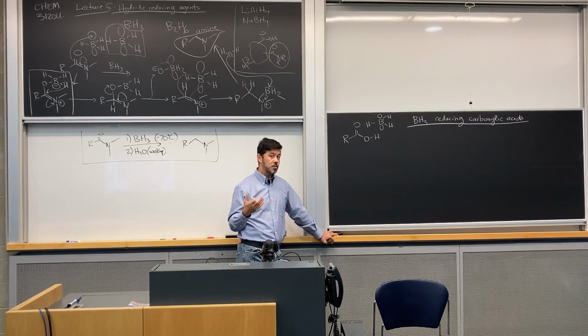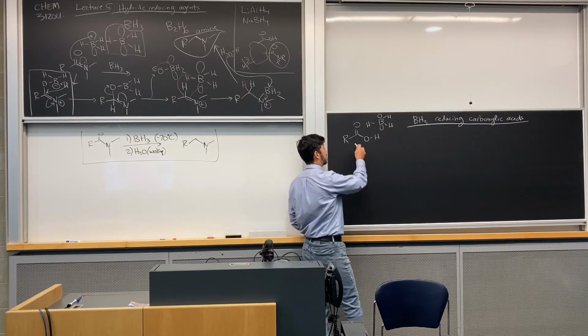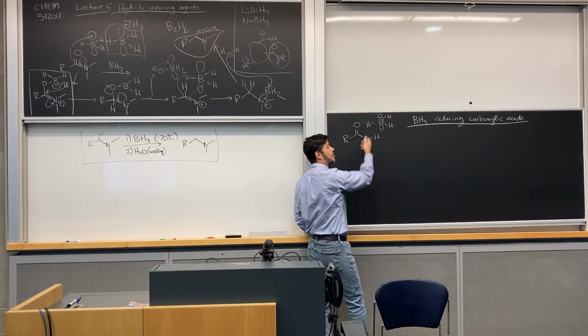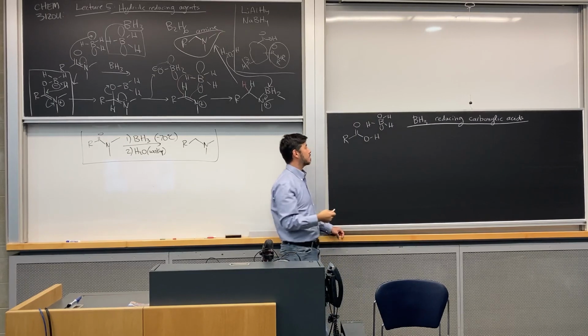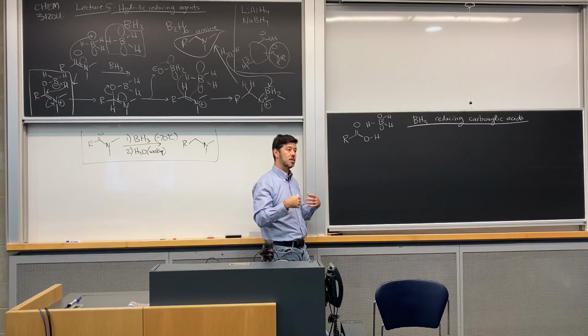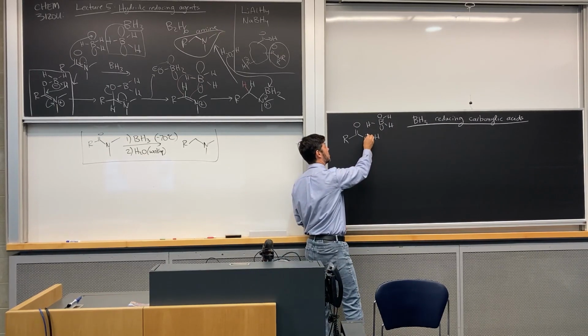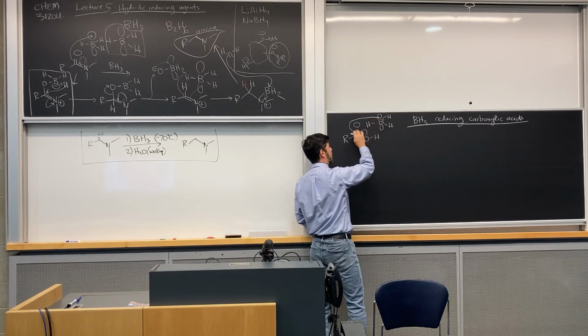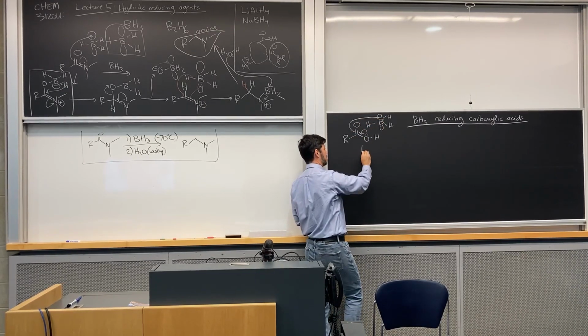So one of the first things that's going to happen is that we're going to get one of the oxygens reacting or forming a bond with a boron. And this is governed by electron donation from the other oxygen. So one way to denote this is to have this oxygen come down here, and then you form this oxygen-boron bond, as I'm showing.